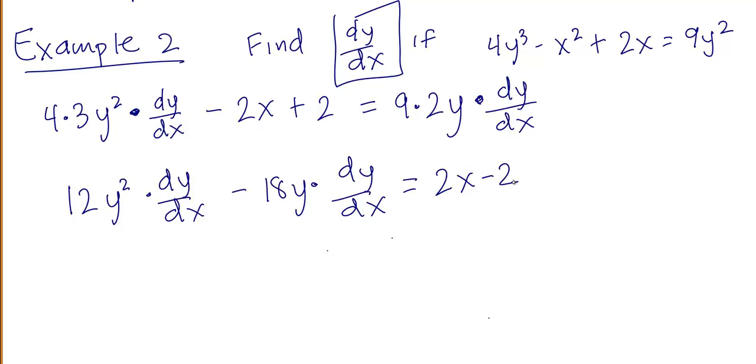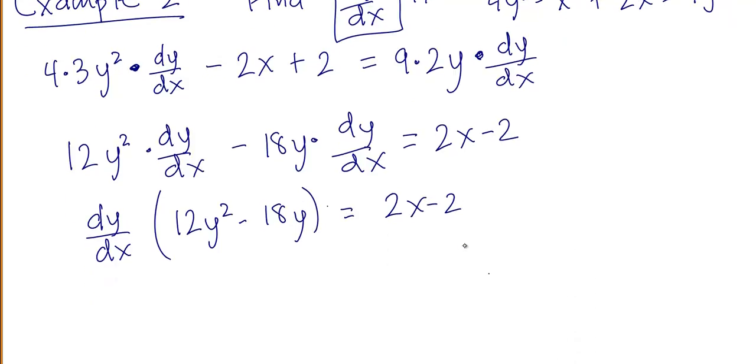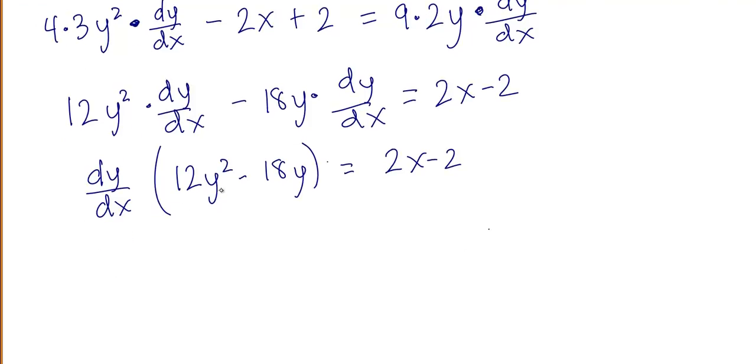At this point, it's usually simpler if we factor out dy/dx. So it's going to be dy/dx times 12y squared minus 18y equals 2x minus 2. And then we're going to divide both sides by 12y squared minus 18y.